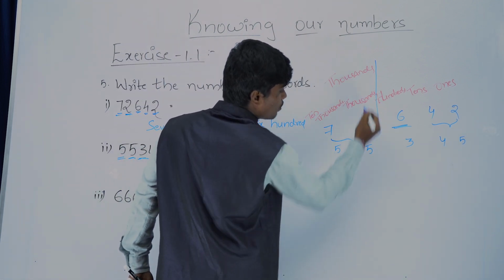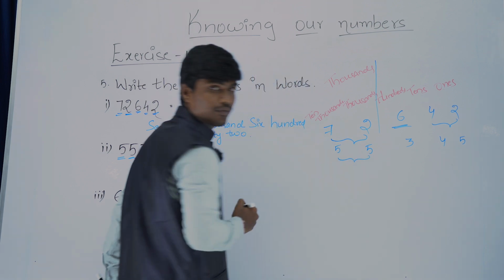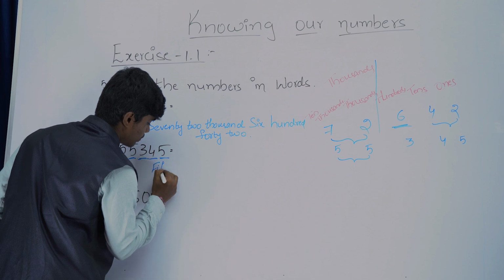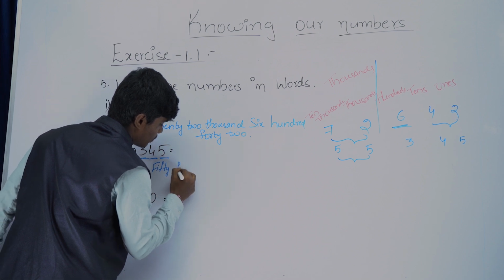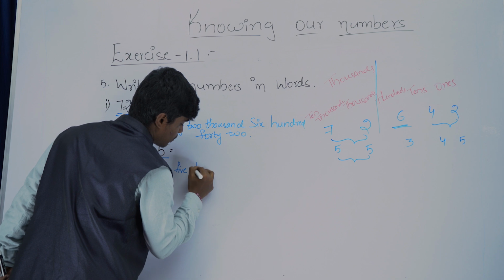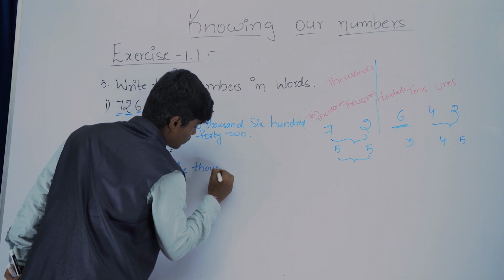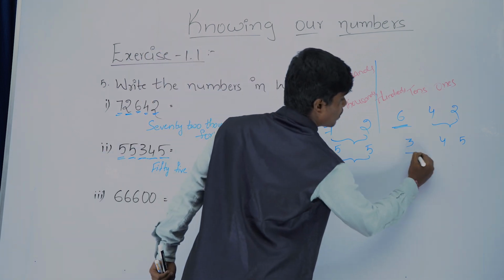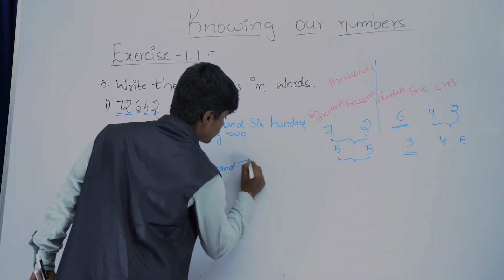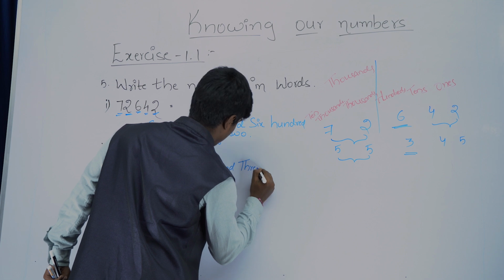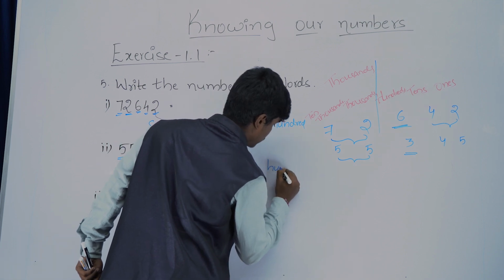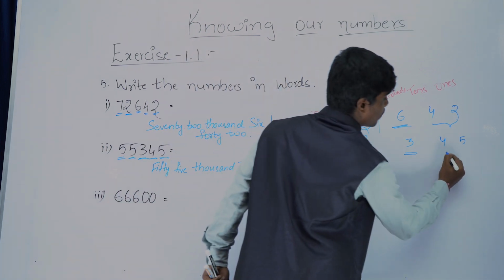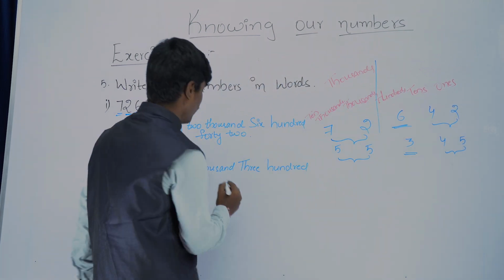Here in thousands we have 55, so 55,000, 300, and 45.